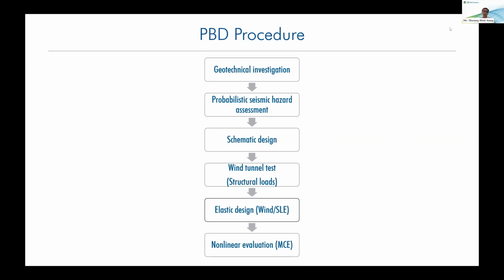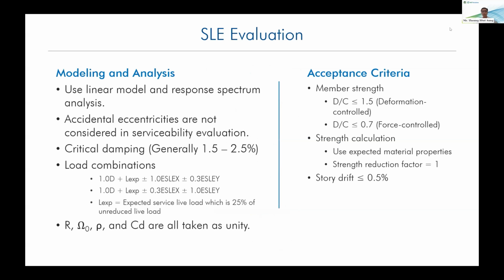After getting the elastic design results, SLE and MCE evaluation is carried out. In SLE evaluation, response spectrum analysis is conducted, and we do not reduce the base shear of the response spectrum analysis like in design earthquake. We consider the R value, omega value, rho value, and Cd value all as unity, all equal to 1.